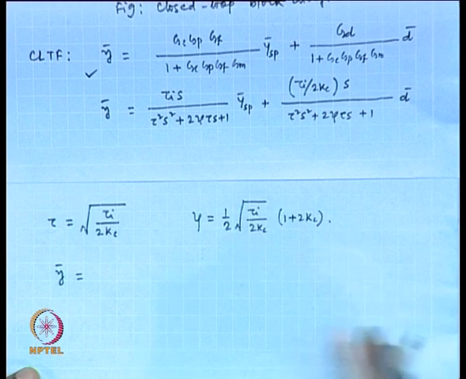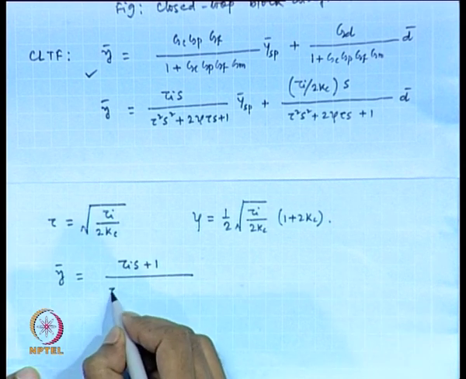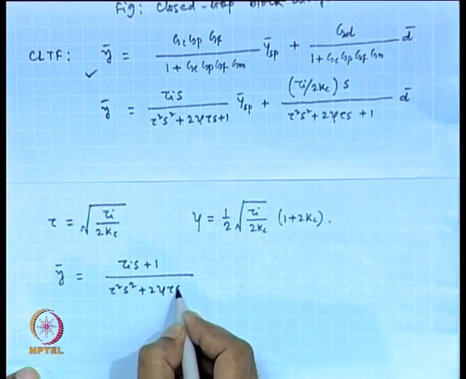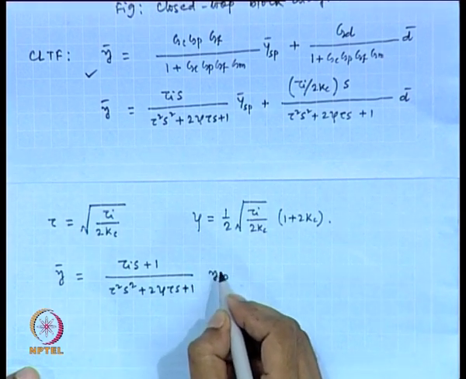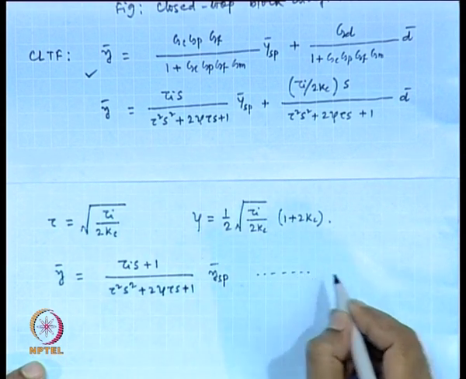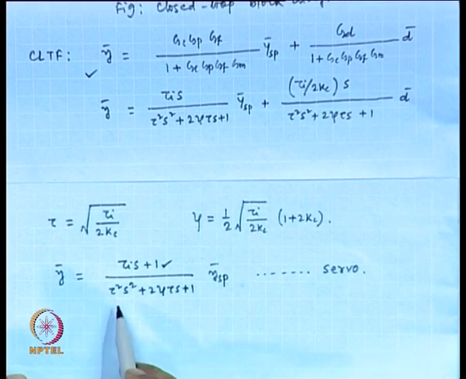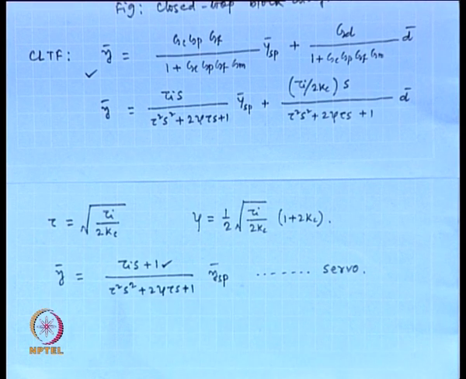Then the closed loop transfer function becomes y bar equals tau I s plus 1 divided by tau squared s squared plus 2 zeta tau s plus 1, times y set point bar.